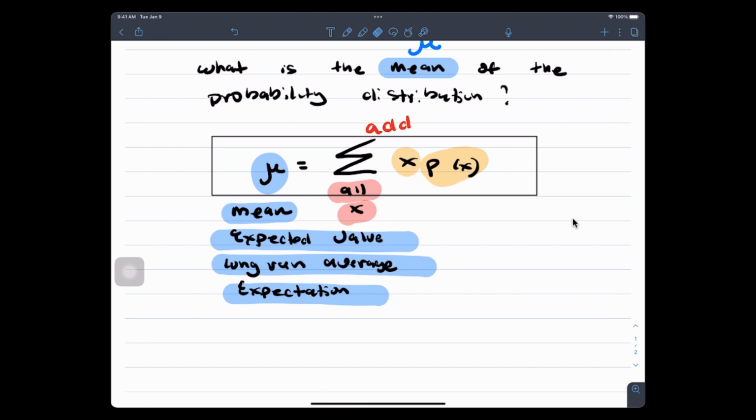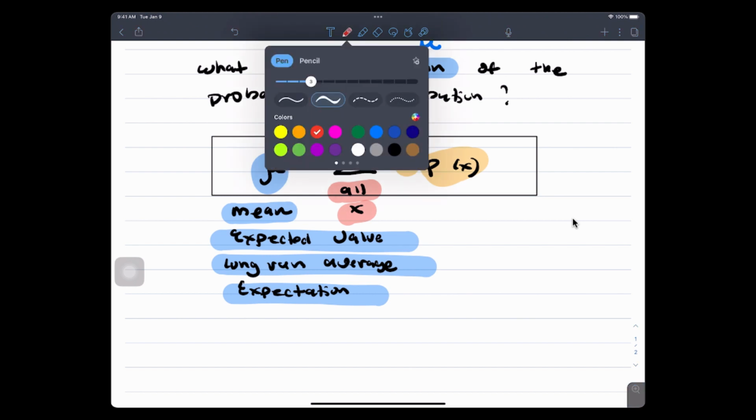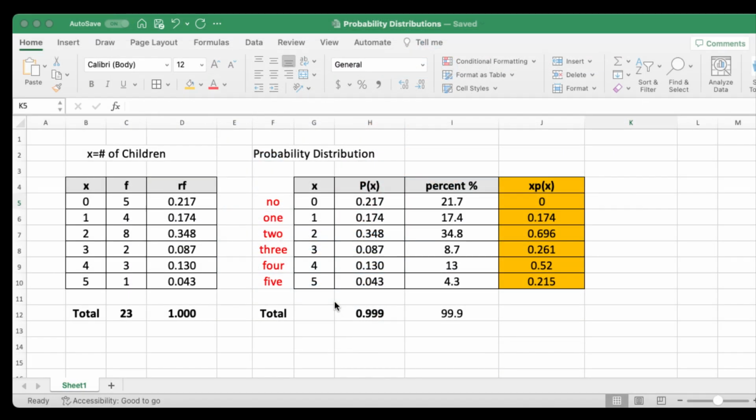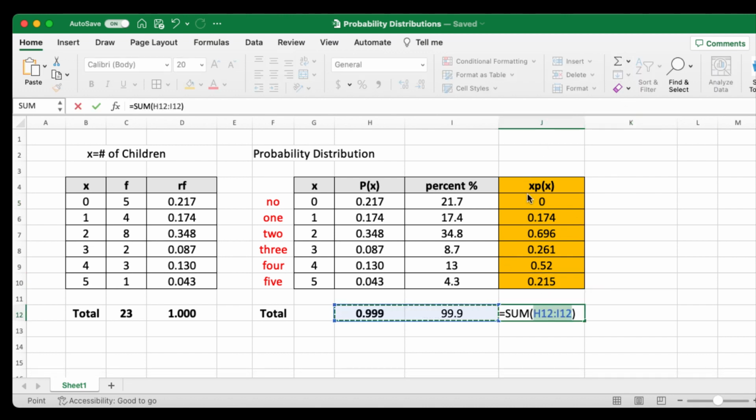That's the x p of x column. So that's what you need to do. Now you need to add them. And if I add them, you say, well, what happens when I add them? Well, let's add them now. Take that sum. This is a summation. I want to add these numbers here.